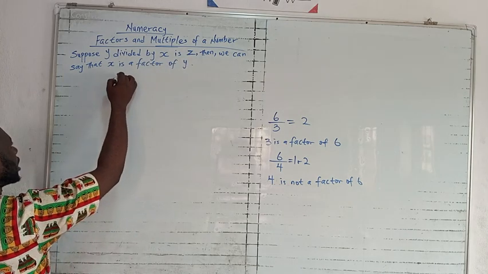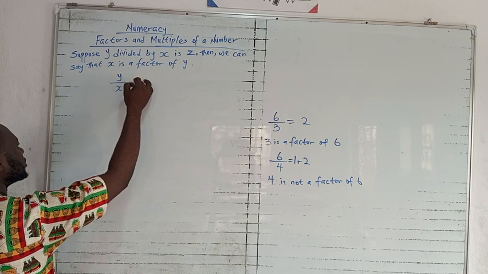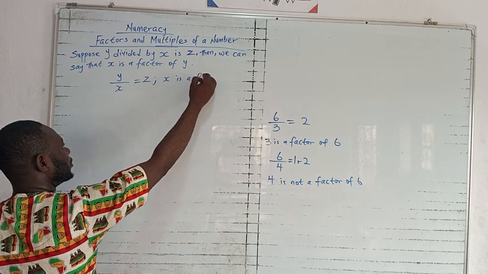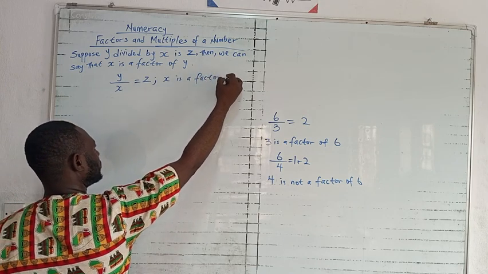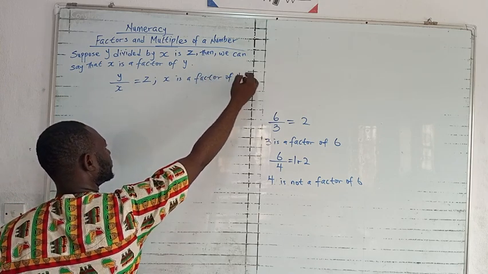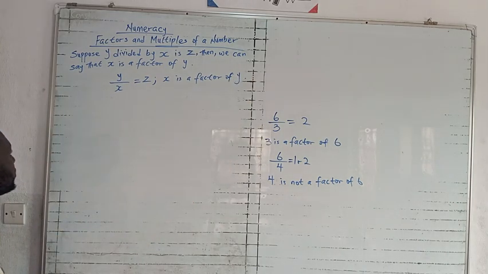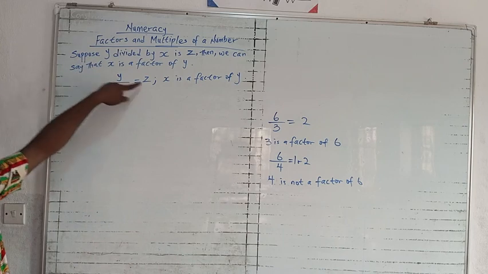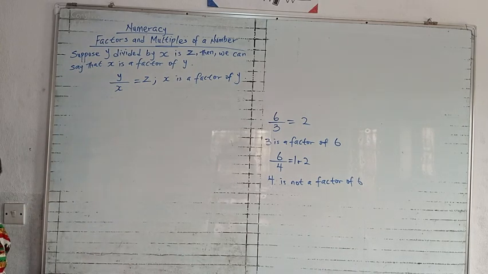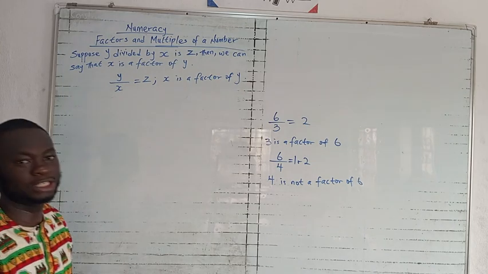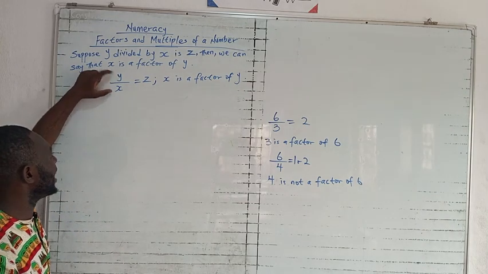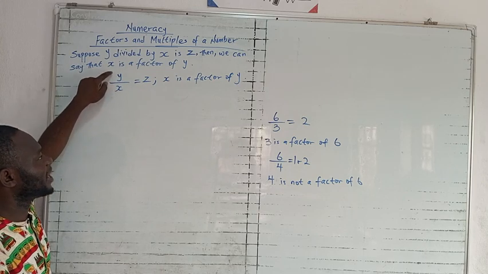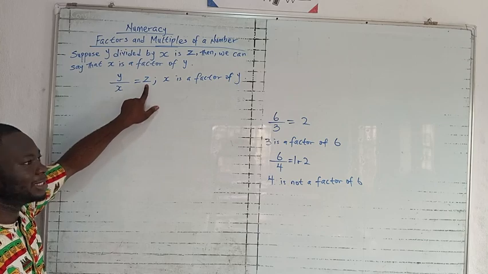In other words, if y divided by x equals z, then x is a factor of y. Alright? Our x, y, z are simply variables representing numbers. So, if x can divide y to give us z, then x is a factor of y, not z.